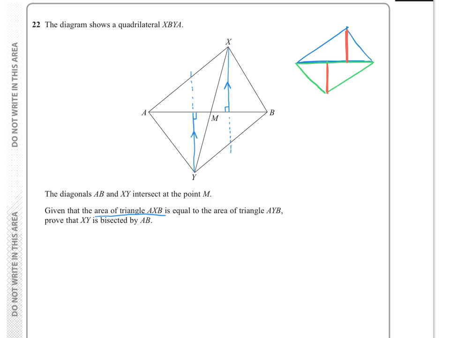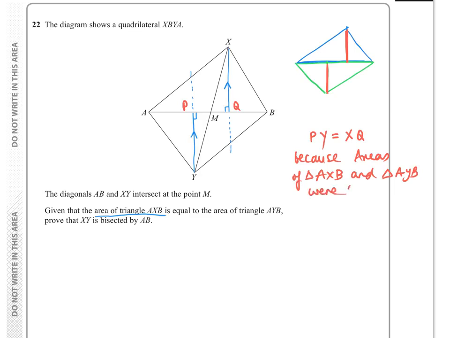Okay, so we know that if we call this P and this Q, we know that PY must equal XQ because the areas of triangle AXB and triangle AYB were the same.